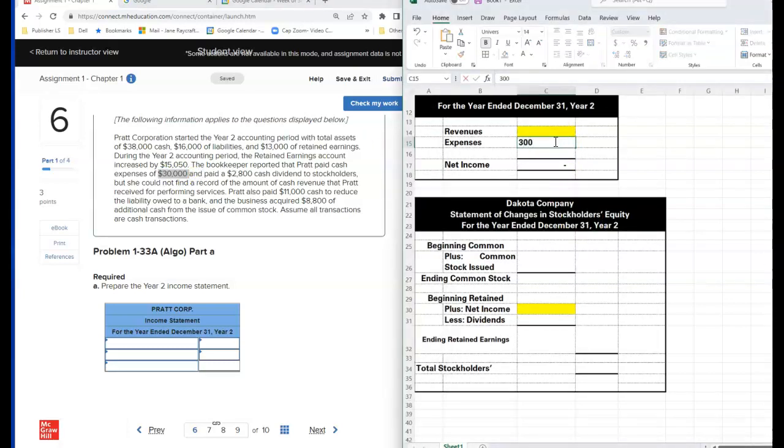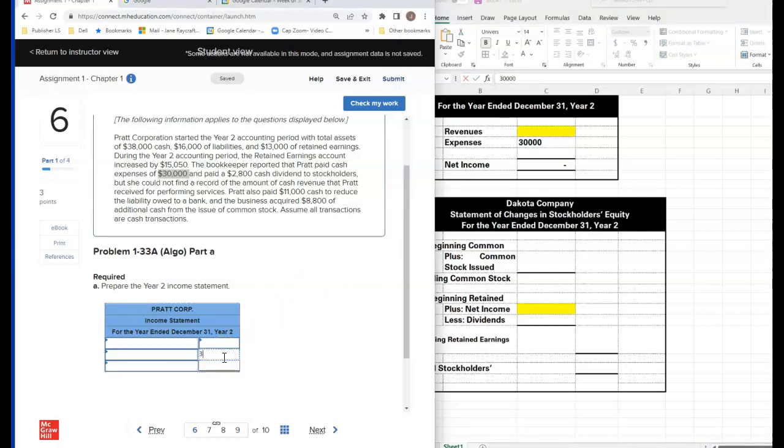So that's going to go in there. And we might as well put it in here too. And then we don't know our revenue or our net income.